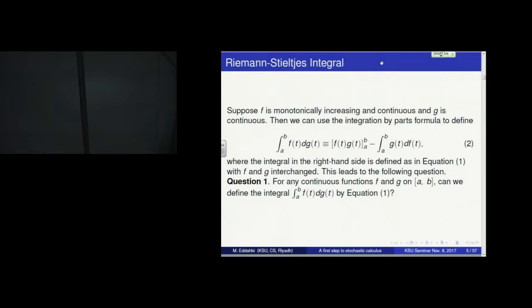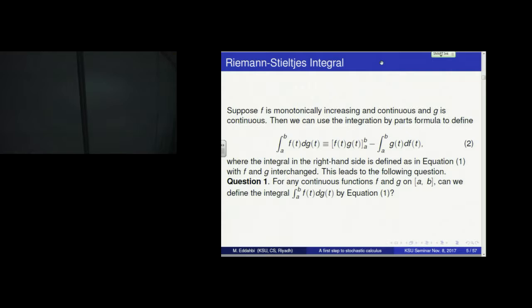Because now this term here is well defined, it is the evaluation of the product of two functions at two points, and this is the integral which is defined before, because now f is of bounded variation. So this is the Stieltjes integral, but this one is not, because the corresponding sum here does not converge. So I define this object by the left-hand side, in order that the integration by parts will hold true.